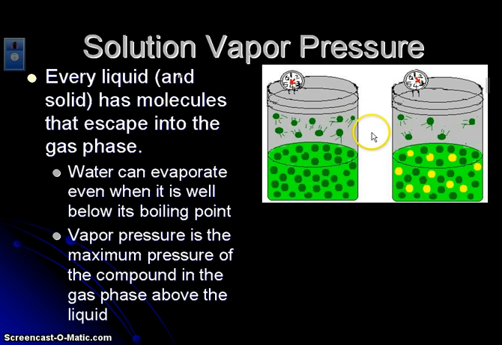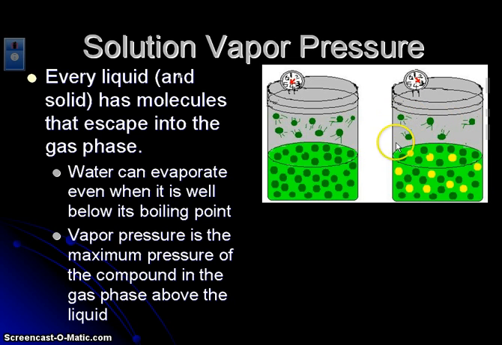We aren't going to spend a whole lot of time talking about vapor pressure and dealing with that whole concept, but if you go on to AP Chemistry, you'll discuss it more. But what happens here, we're going to just deal with things that don't evaporate easily, things like salt. You have molecules escaping into the gas phase. If you add a solute to your solvent, then you're going to have fewer gas particles.